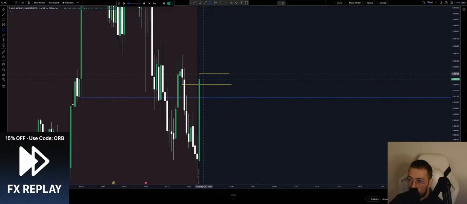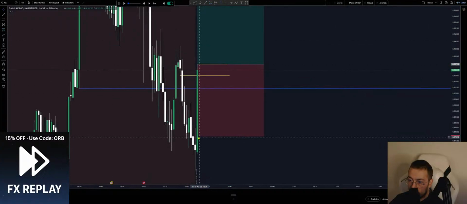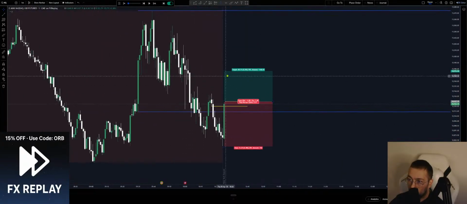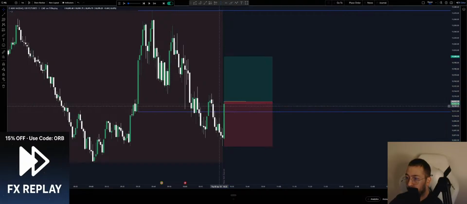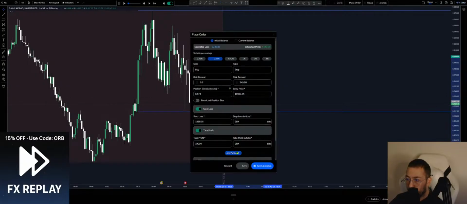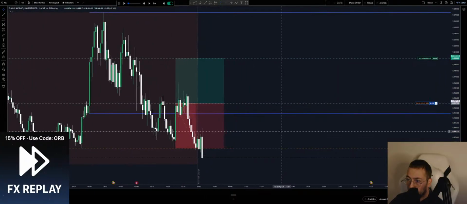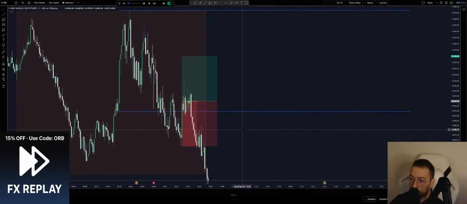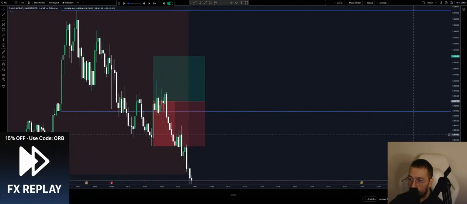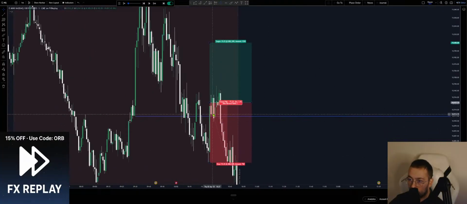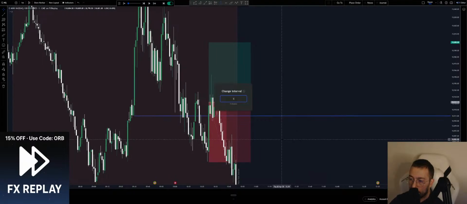So your entry is going to be here, stop order, your stop at the recent swing, targeting 1 to 1. Stop order. We got stopped here. Okay. The price executed our stop order, and we got stopped.